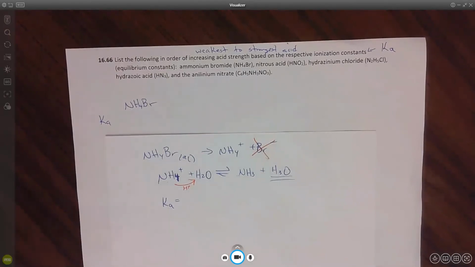So I can't find the Ka of NH4 by looking it up in the table. So what am I going to look up? NH4 plus is not in any of those tables. You look up base. I'm sorry, say it again. Look up base. Look up the Kb of what?